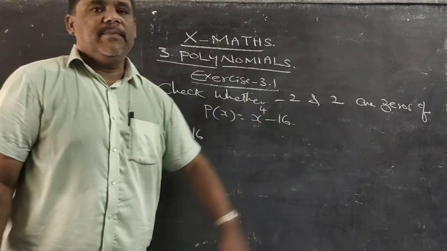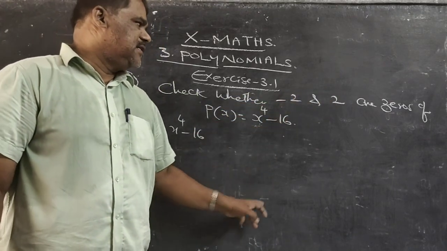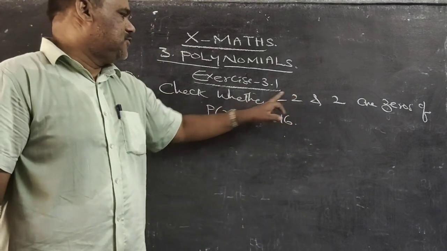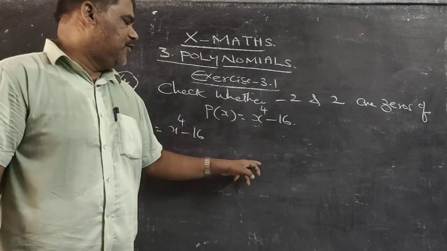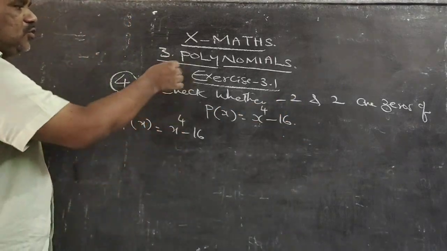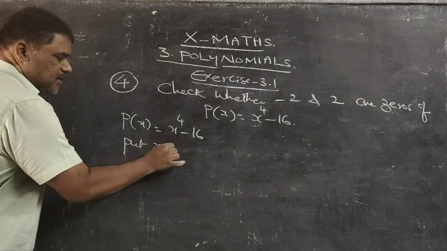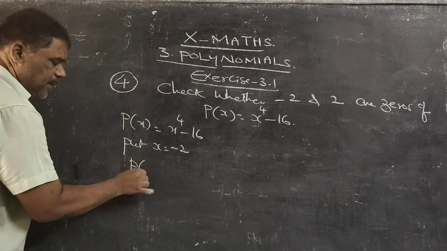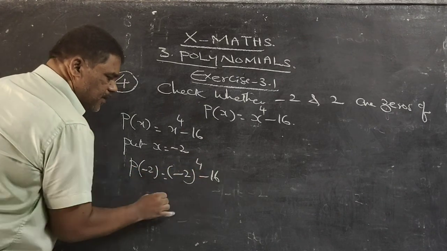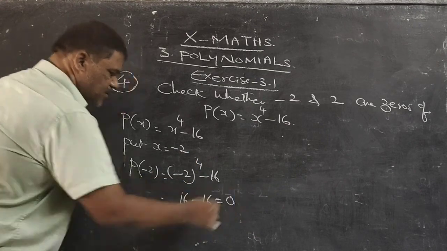Zero of the polynomial means that on substituting these values, if you get the answer 0, then these values are called zeros of the polynomial. So if you substitute x as minus 2 and get the answer 0, then minus 2 is called a zero of the polynomial. First substitute x is equal to minus 2. So p of minus 2 is equal to minus 2 to the power 4. Minus 2 whole to the power 4 is 16, minus 16, we got 0.